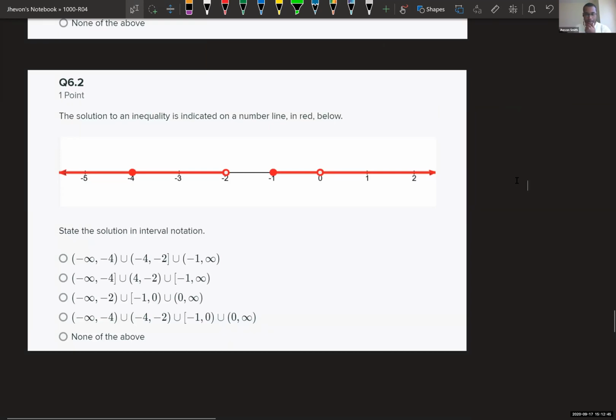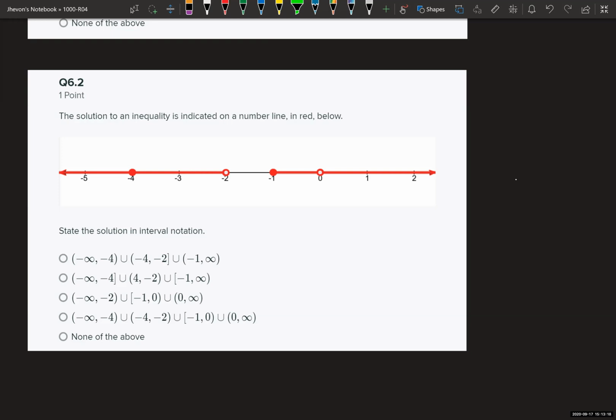All right, this one. Ideas? The dot above the -4 is inclusive.